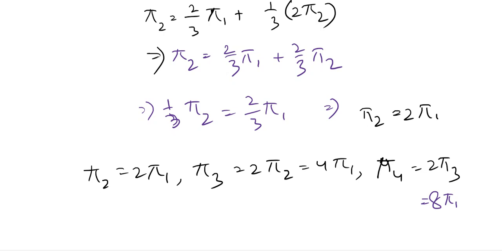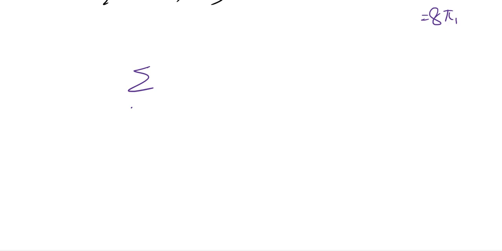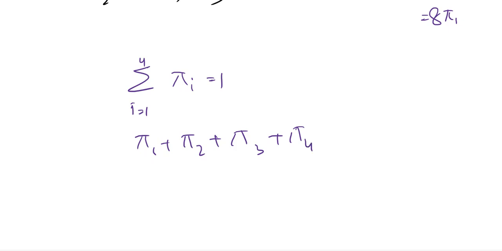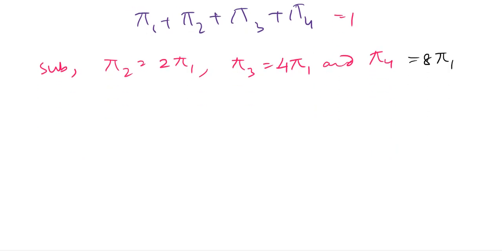Okay, so now normalize these probabilities. Using the normalization condition, summation of pi i for i equals 1 to 4 equals 1, so pi 1 plus pi 2 plus pi 3 plus pi 4 equals 1. Substituting pi 2 equals 2 pi 1, pi 3 equals 4 pi 1, and pi 4 equals 8 pi 1, we get pi 1 plus 2 pi 1 plus 4 pi 1 plus 8 pi 1 equals 1.